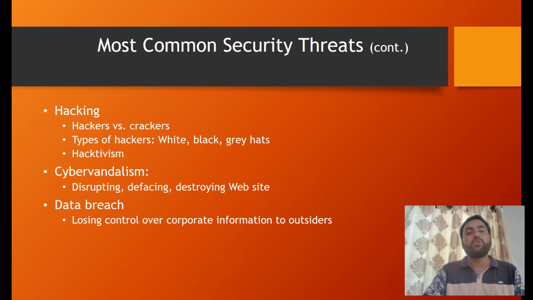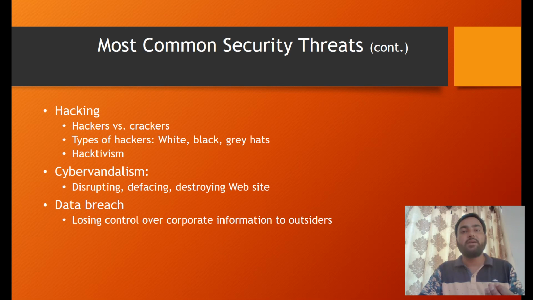Then comes types of hackers. Hackers are of types white, black, and gray hat hackers. White hat hackers are those who do the hacking for a better purpose, to find out the loopholes in web resources, or for government security agencies.